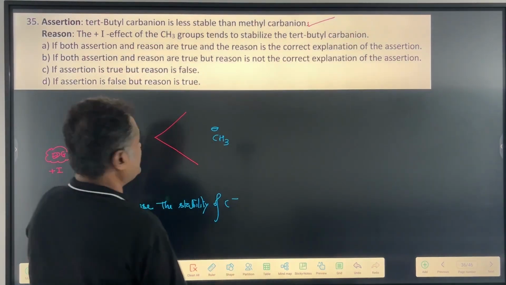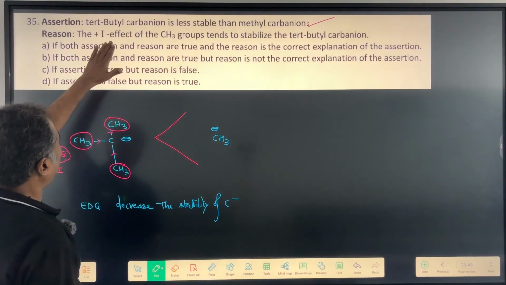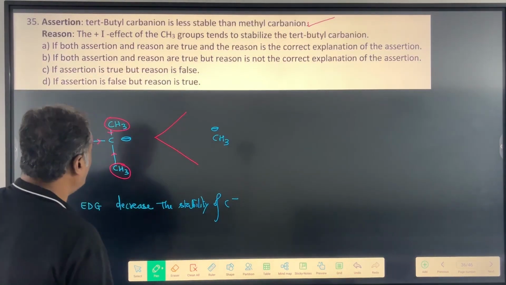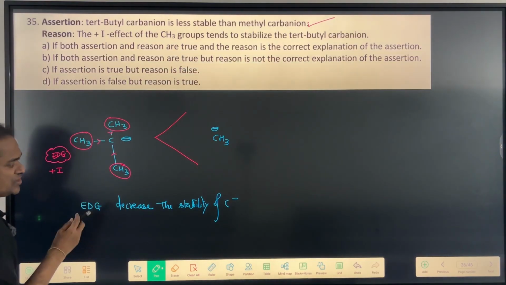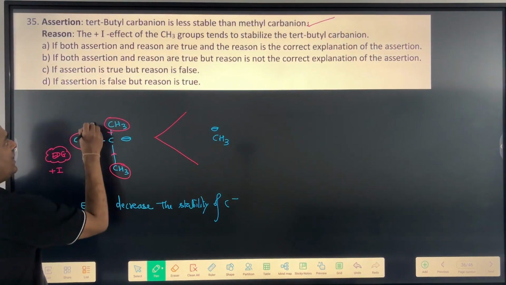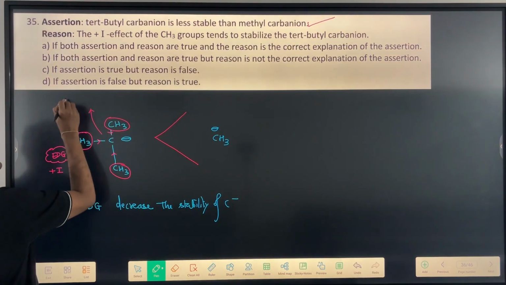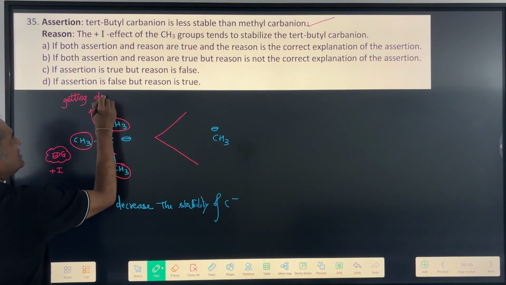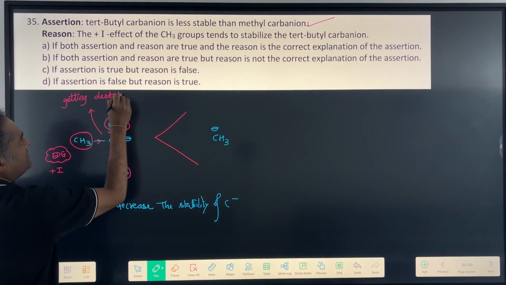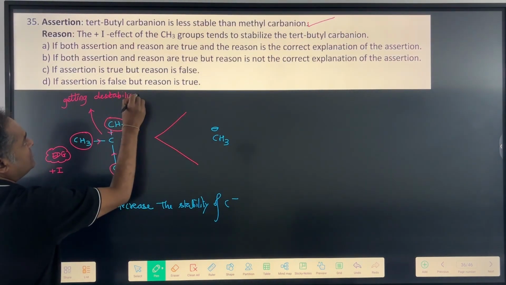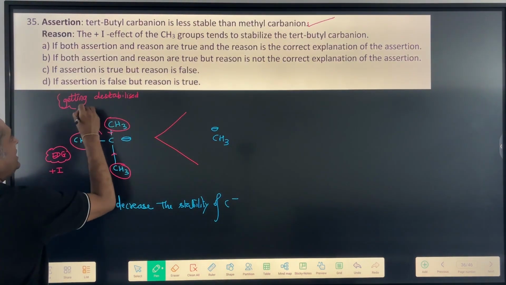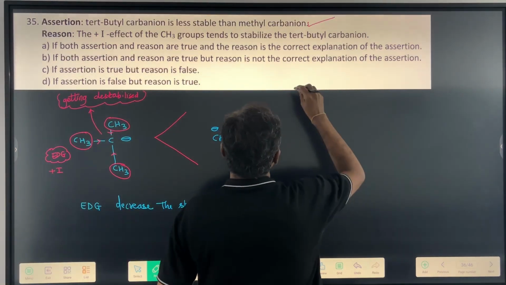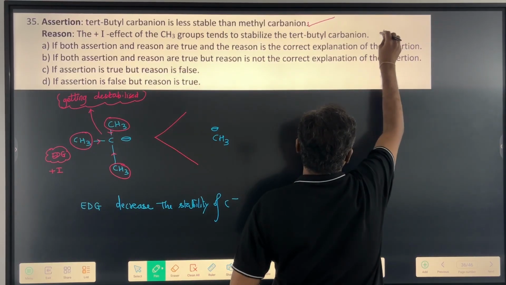Now, let us see the reason. The plus I effect of the methyl group tends to stabilize the tert butyl? No, because of this methyl group, child, your carbanion is getting destabilized, and if it is getting destabilized, that means the statement is wrong.